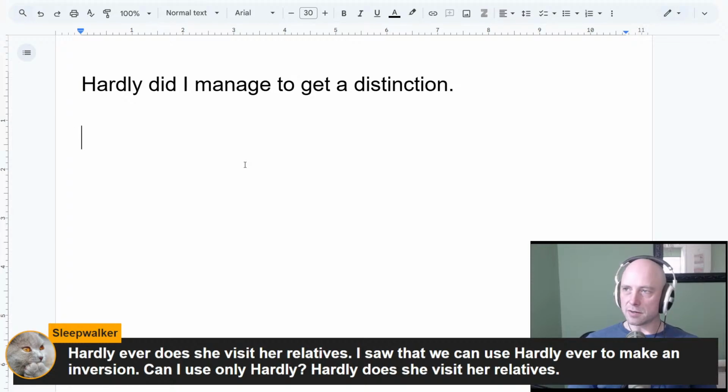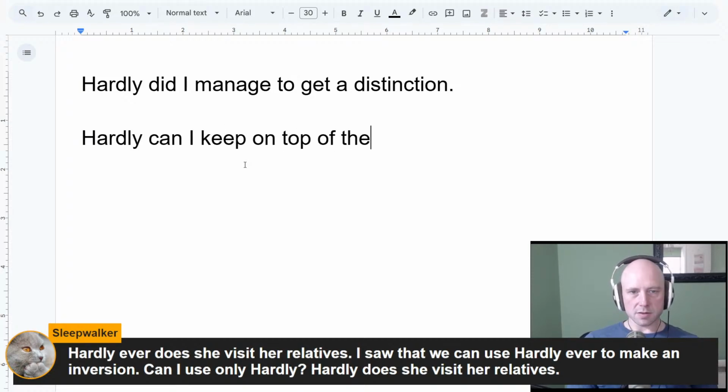Or hardly can I keep on top of the rising cost of living. Okay, something like that.